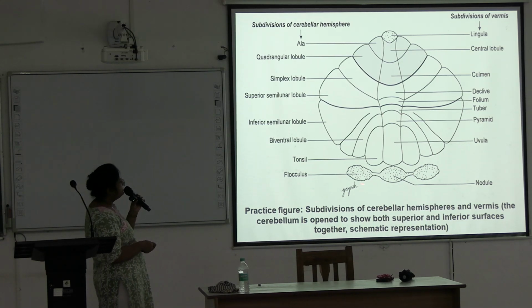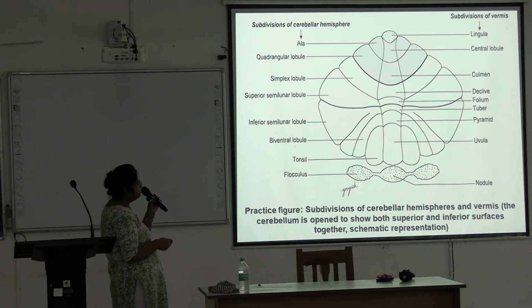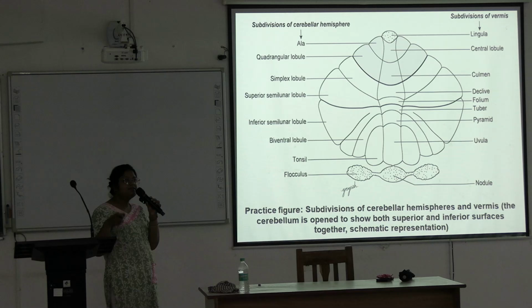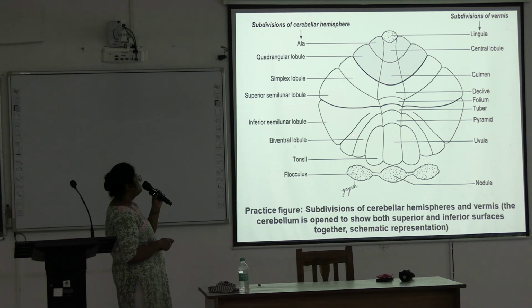On two sides of the uvula you are getting the tonsils. Tonsils are the projecting part on the inferior surface, and they project into the foramen magnum in case of raised intracranial pressure. So these tonsils lie opposite to the uvula, its corresponding part.